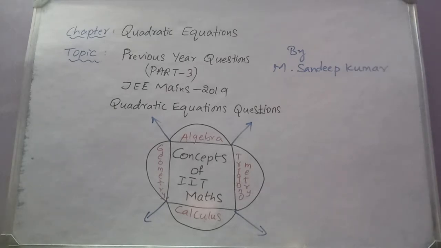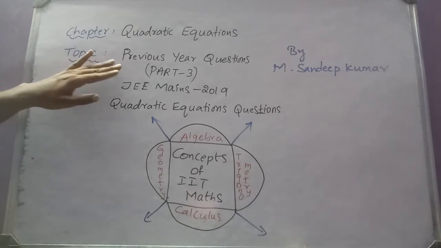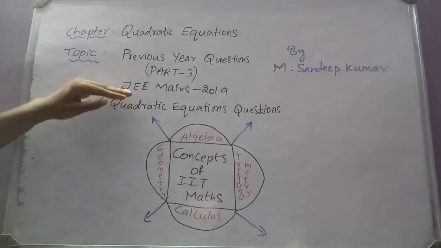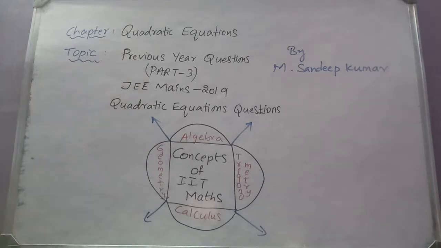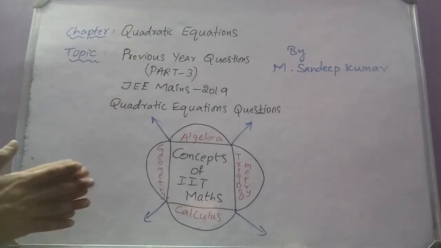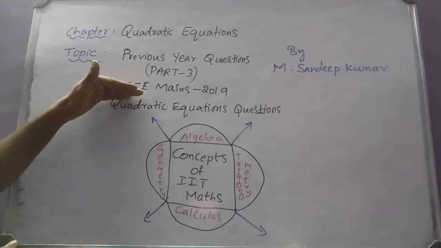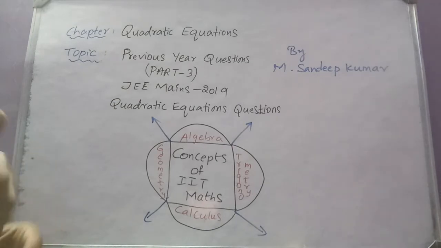So in our today's video, we are going to look into the previous year questions of quadratic equations chapter in JEE Mains 2019. Right. So we have already seen in part 2, some of the questions were discussed already from JEE Mains 2019. See, there are various papers. From each paper, one question will be given on quadratic equations.